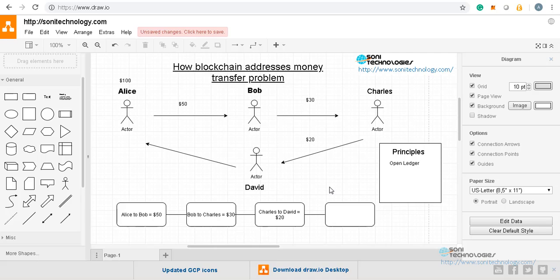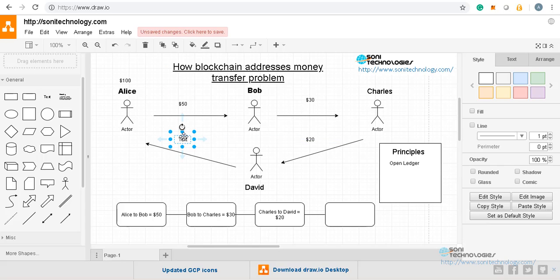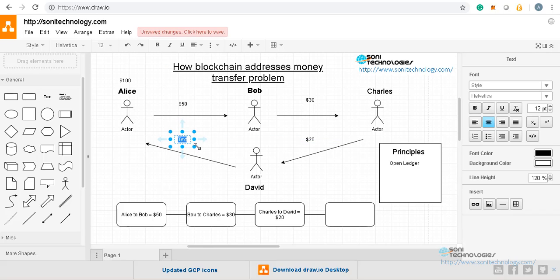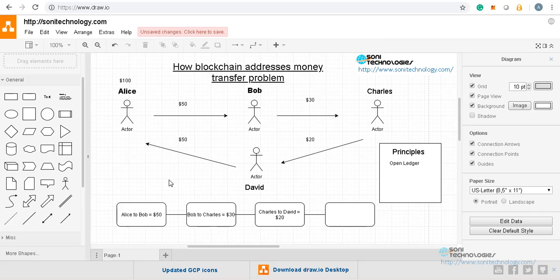Now let's say, for example, David has $20 in his account, and David tries to move $50. Everybody can see that David doesn't have $50 in his account, so this is not a valid transaction. Everybody will discard this transaction, and it will not be recorded in the ledger.